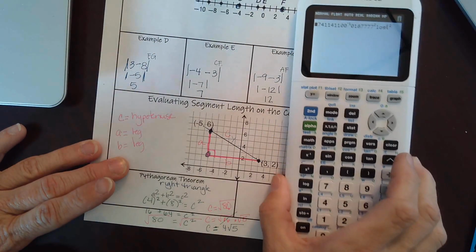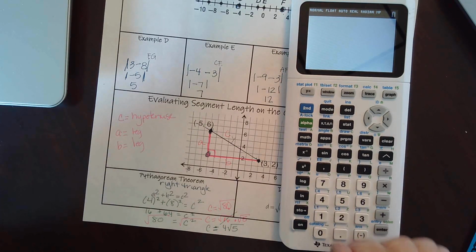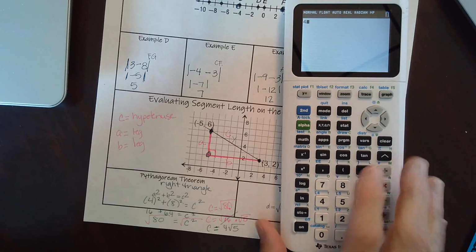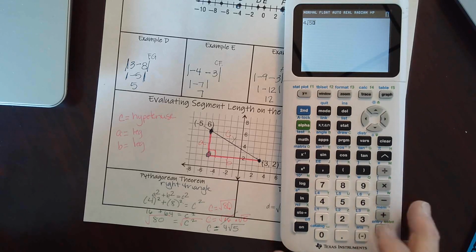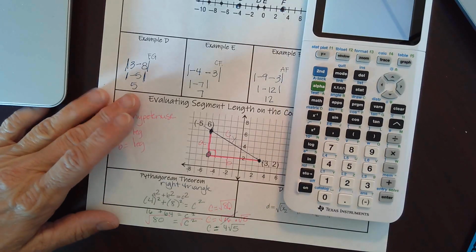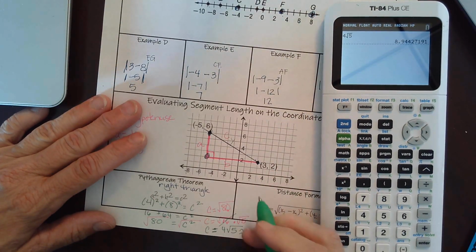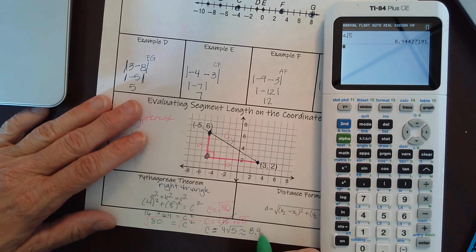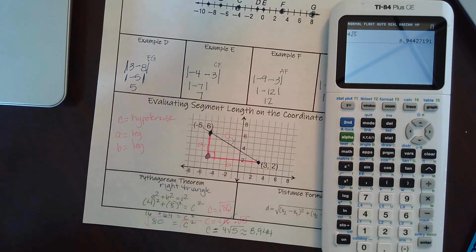I'll type in 4, and I have a radical right here, so second radical, and I'll put 5 in it and enter. And so 4 on the square root of 5 is approximately 8.944. And I always round things to 3 decimal places.